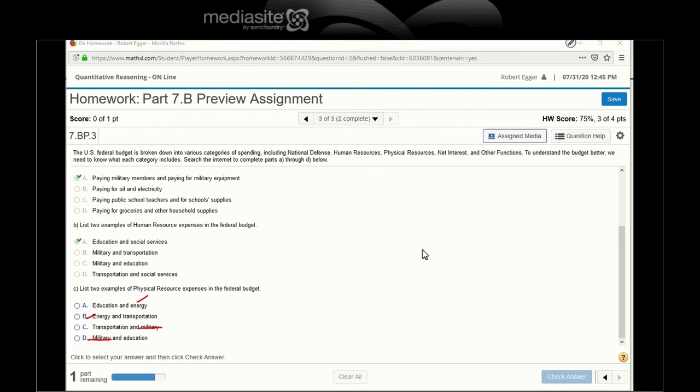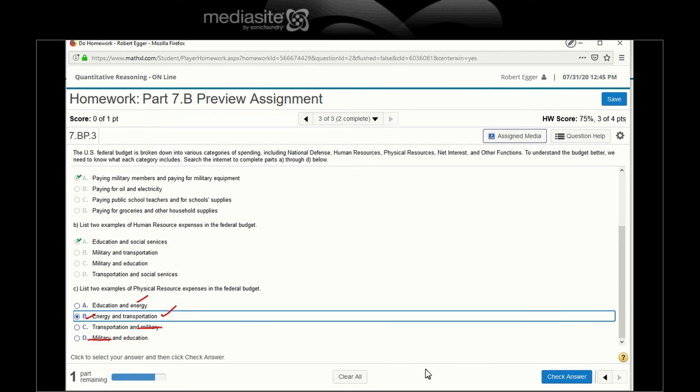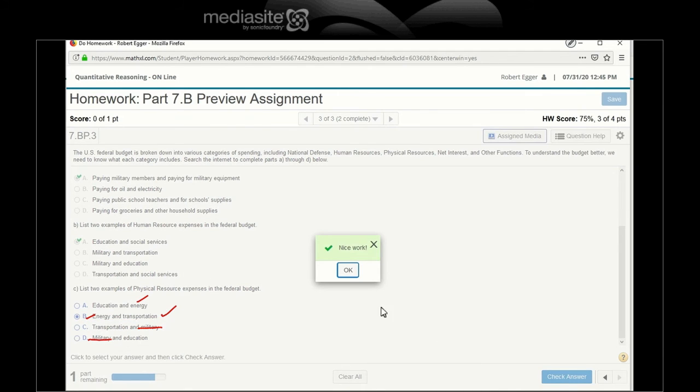The question is, is education a resource? So I'm going to go with B for my first attempt. Okay, so transportation is a physical resource because with transportation you're buying trucks, buildings, roads.